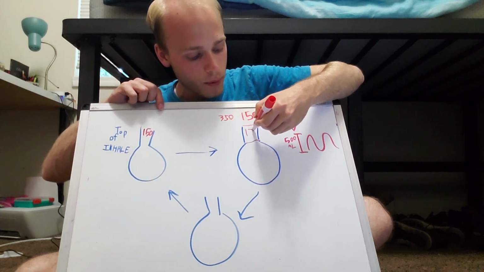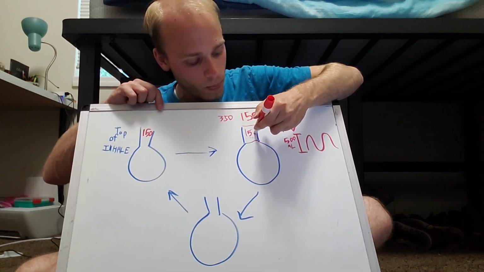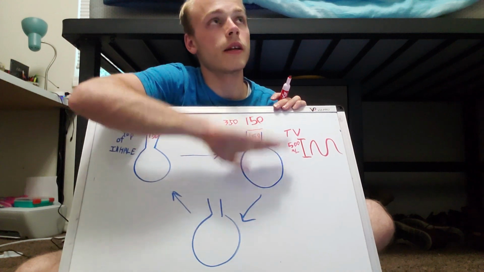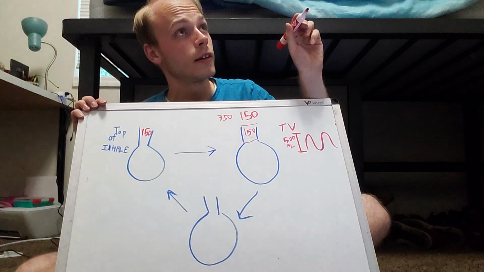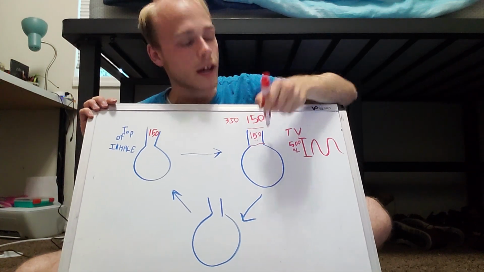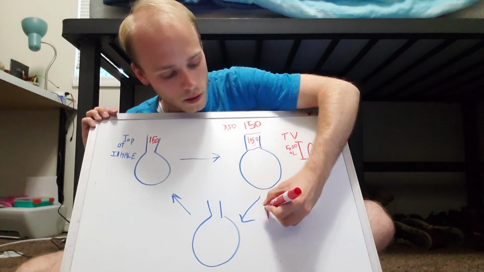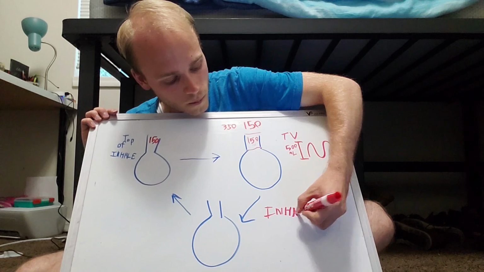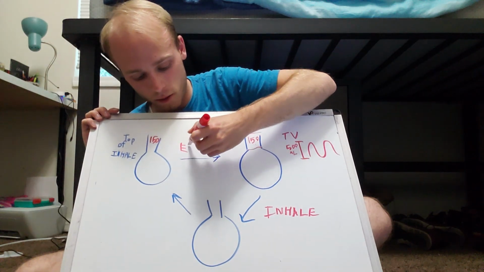Then we fill up that dead space again with another 150 that was participating in gas exchange. So that's CO2 then? Yes. So this dead space is now CO2. We don't like it. So then we start to inhale.